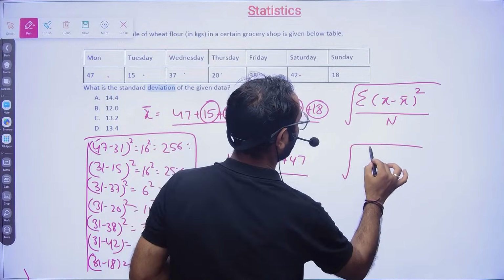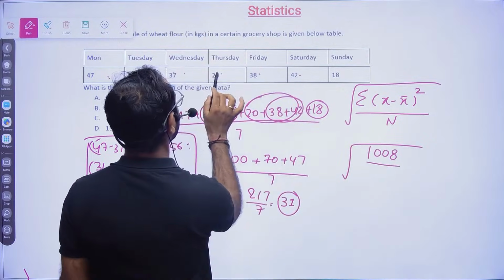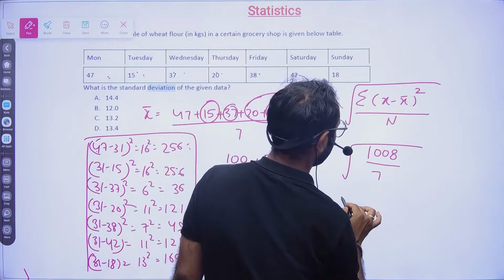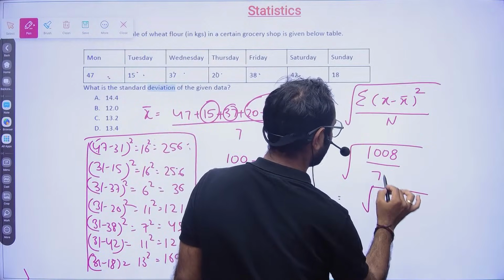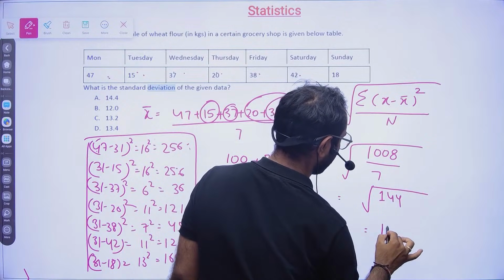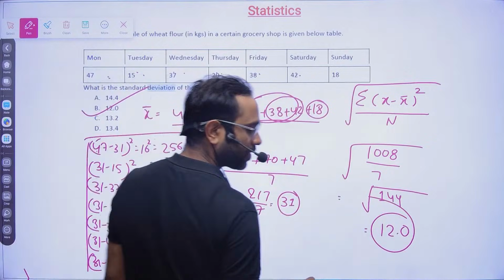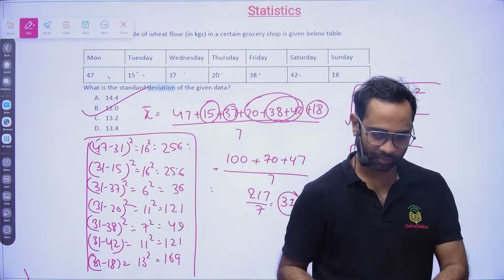So I am getting 1008, divided by n, which is 7. 7 times 4 is 28, so 144, square root is 12.0. So that will be your standard deviation. Option B will become the correct answer for this particular problem.